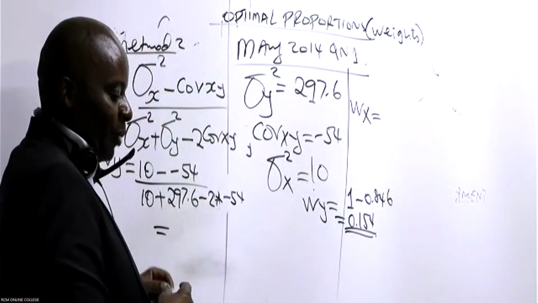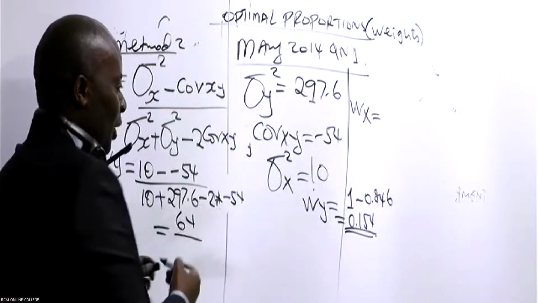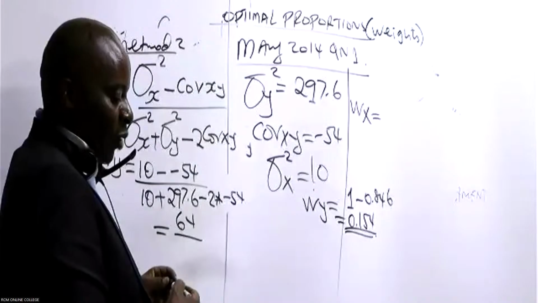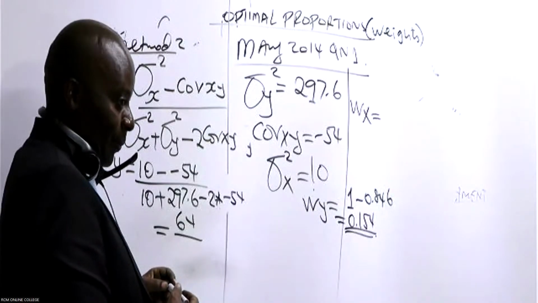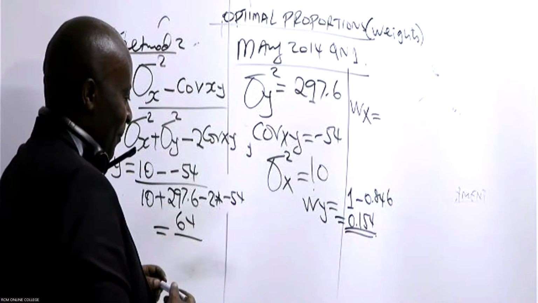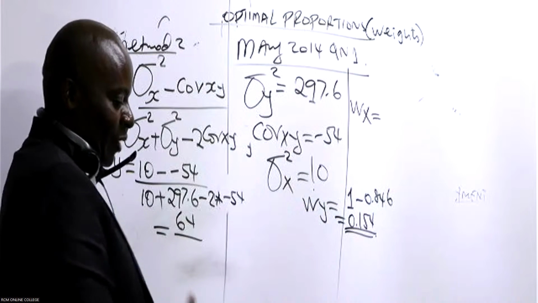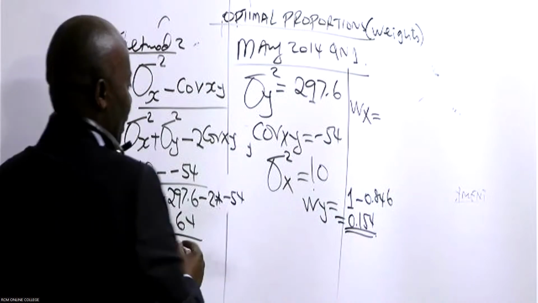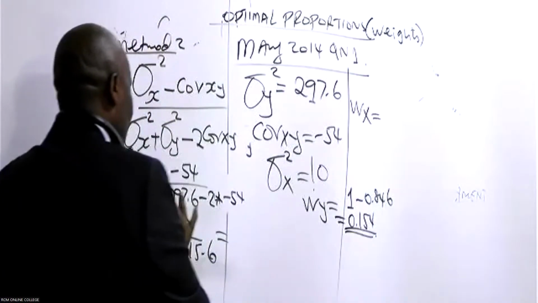So please give me the numerator here. How about the denominator? The same, I've rubbed mine. Are you able to get 415.6? So are you able to give me this weight of Y?